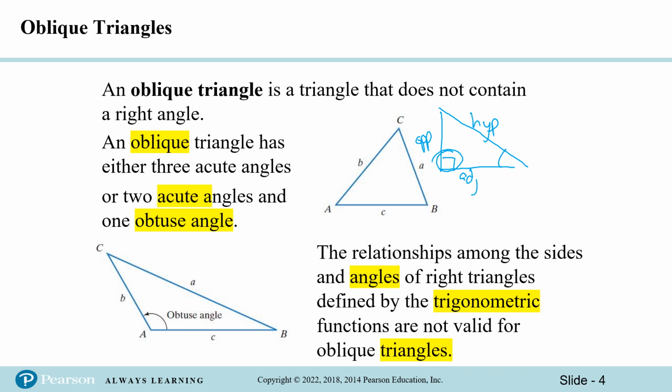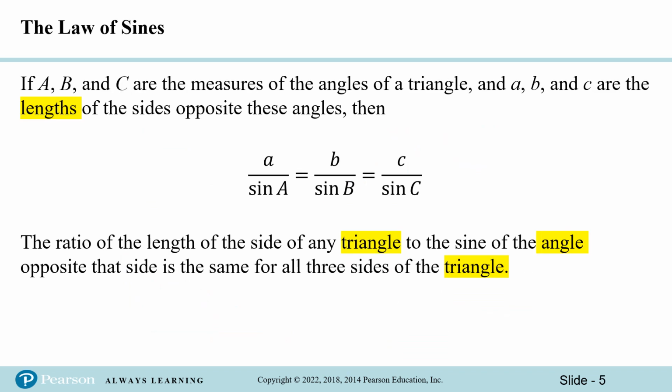The relationships among the sides and angles are not valid with oblique triangles. Okay, so we've got to do something else. We can't use sine is equal to opposite over hypotenuse. That doesn't work with oblique triangles. So here's what we use instead.